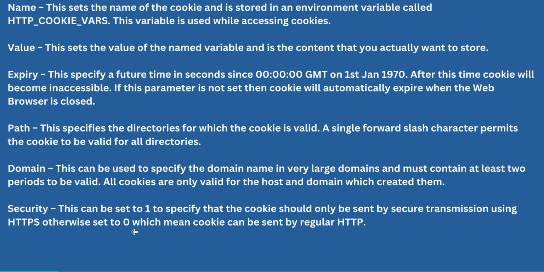So how can you secure the cookie's information? By setting it to 1. So setting it to 1 means what protocol is going to be used to transmit the cookie data? Transmission using HTTPS, correct.